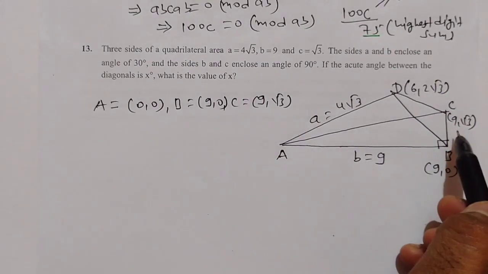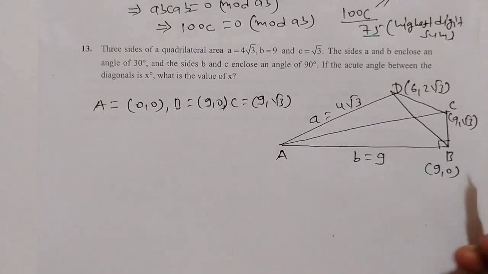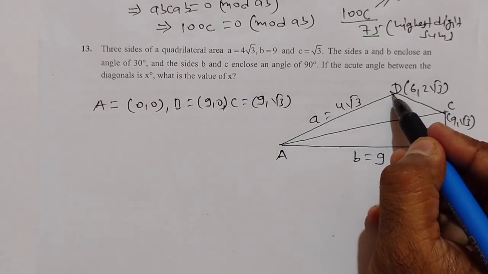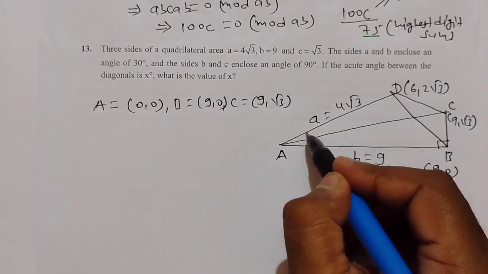By using the concept of trigonometry, this is 4 root 3 here, A, and this is 30 degrees.